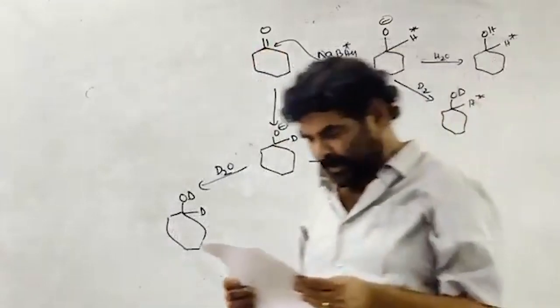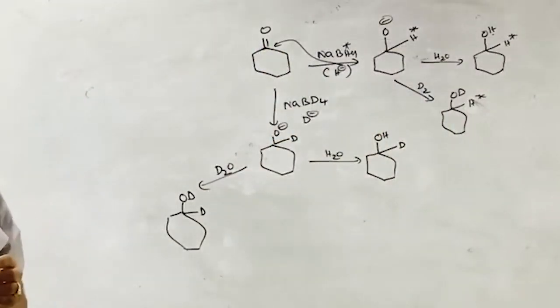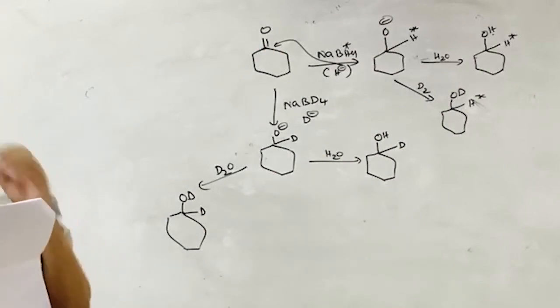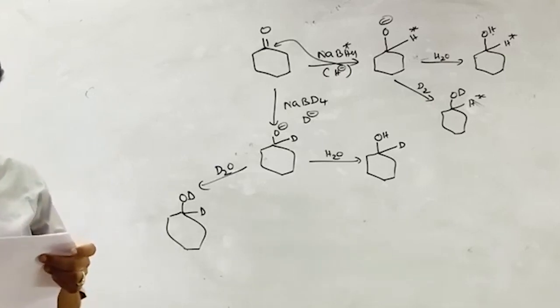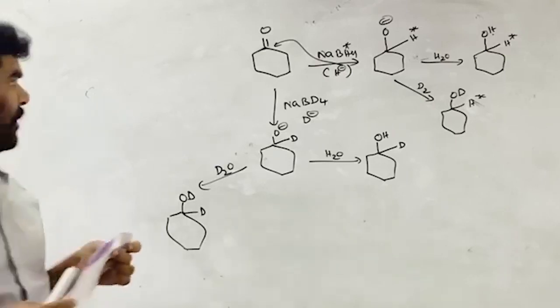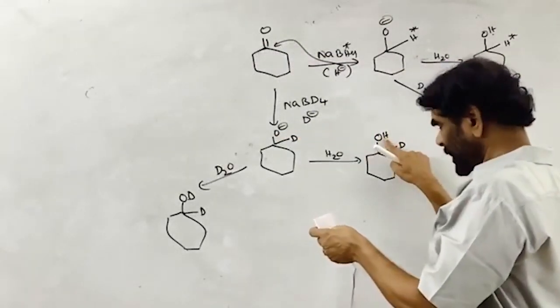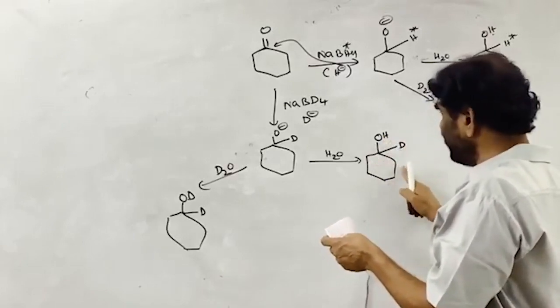Now you check out. In this, treated with sodium borodeuteride followed by H2O, H should go to the oxygen, and D should go to the carbon. This product is correct.